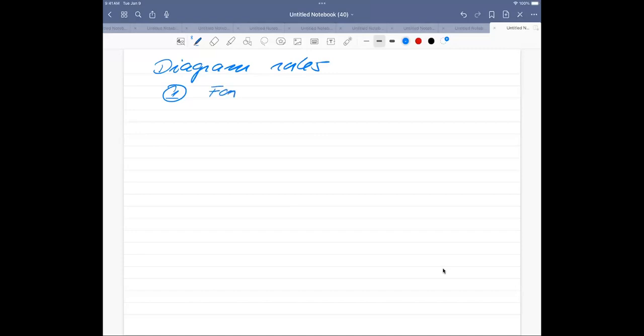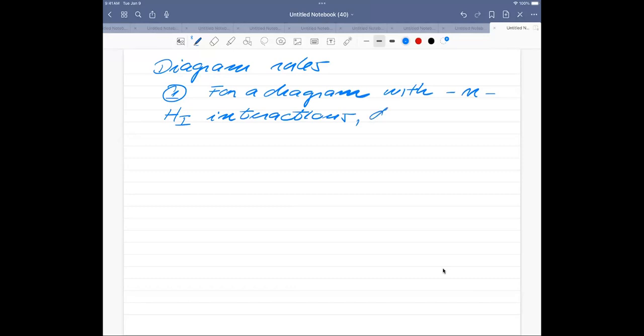So for a diagram, since we are expanding in terms of the interaction itself, with a given number of vertices, it can have n vertices or n H_I interactions. Then what you would first draw is these n so-called vertices.